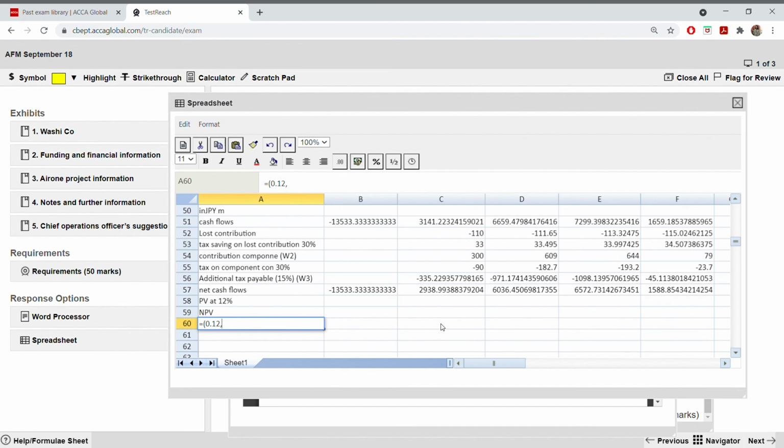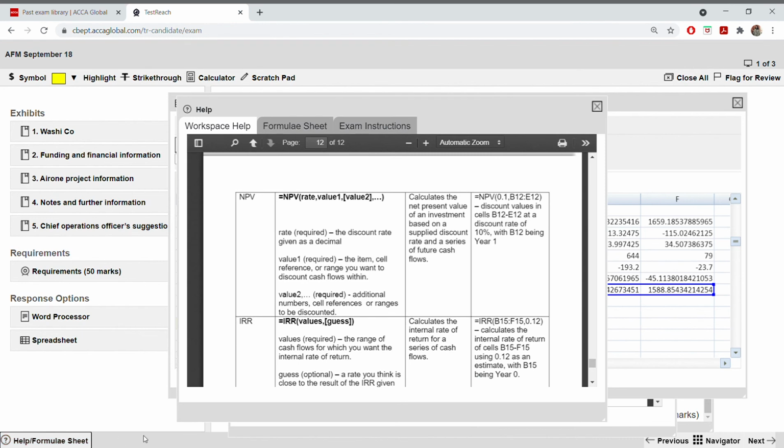Now I'm going to use the function. You have to take from year one. All these net cash flows. Why is it showing? Wait a minute. Comma, at a discount rate of, okay.